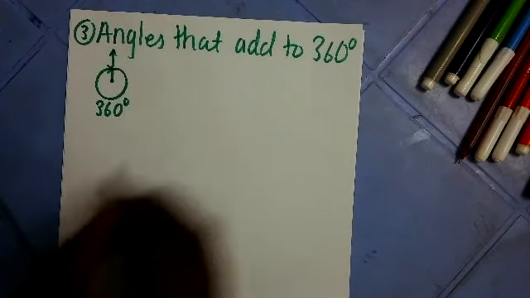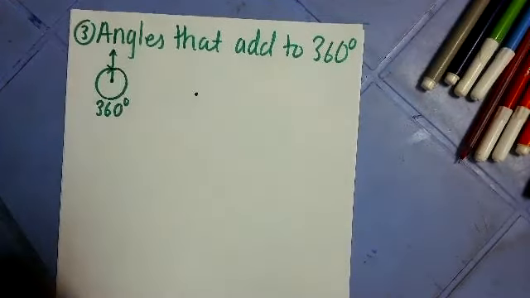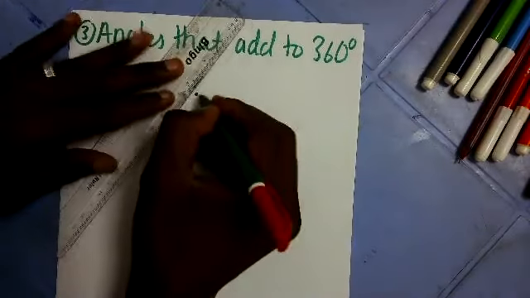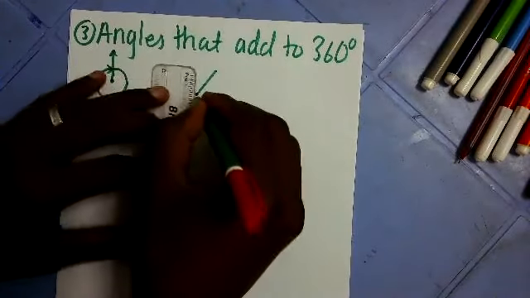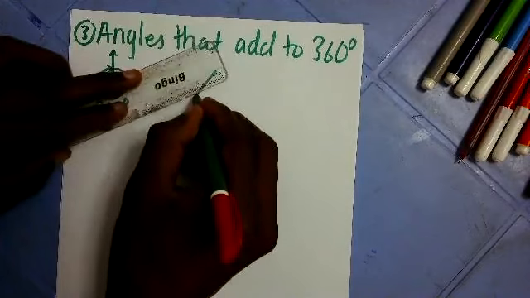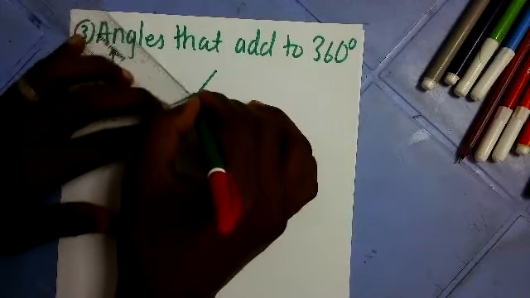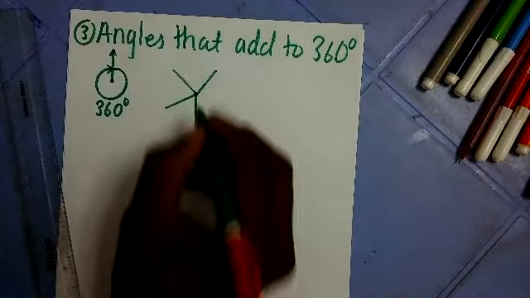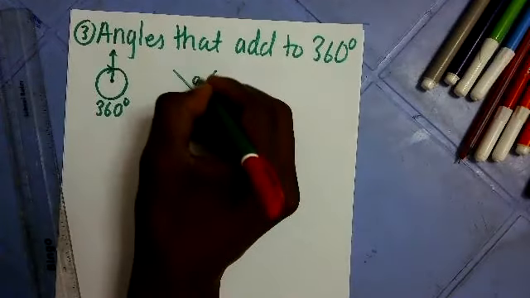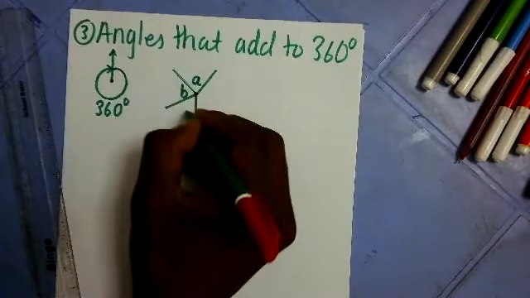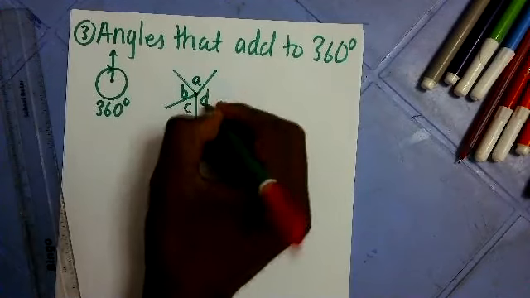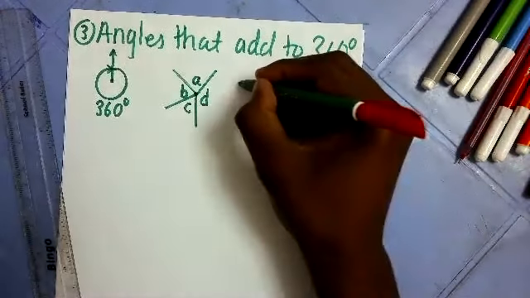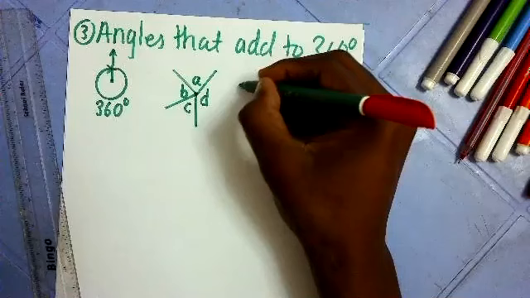So this means if I have a dot like that one, I can have so many angles around the dot. All the angles which are around your dot, if you add them, they should give you 360 degrees.